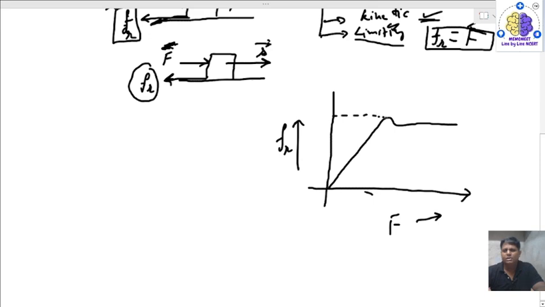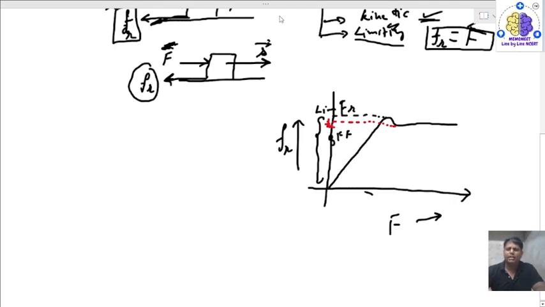Now this is the limiting frictional force. This is your limiting friction. This region is of static frictional force, and this value is your kinetic frictional force, right?